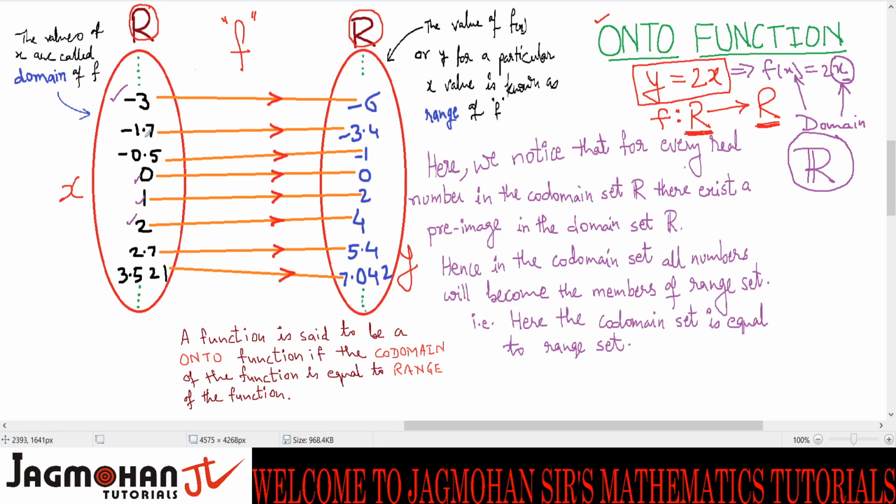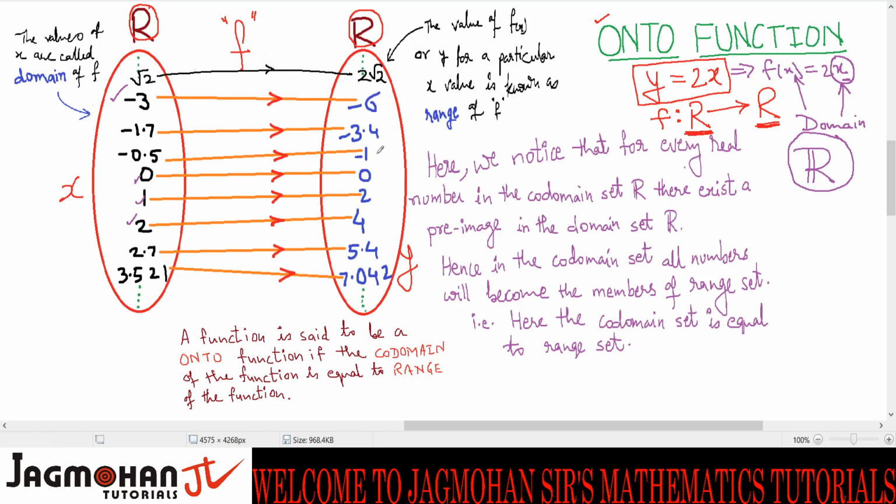May it be decimal numbers like -1.7, -0.5. May it be irrational numbers. For example, √2. If I have √2 in the domain, then remember students, I will have 2√2 in the range. I hope you are getting it.